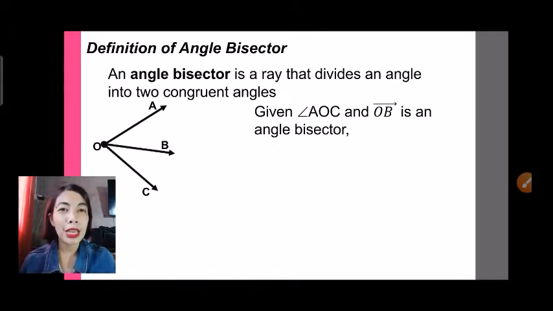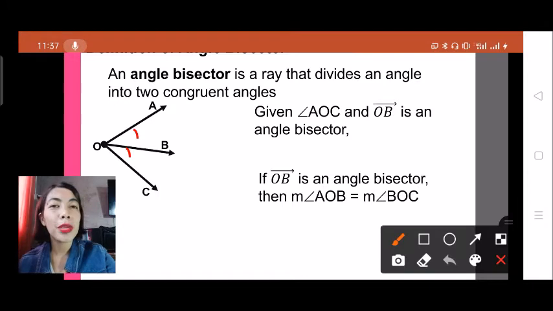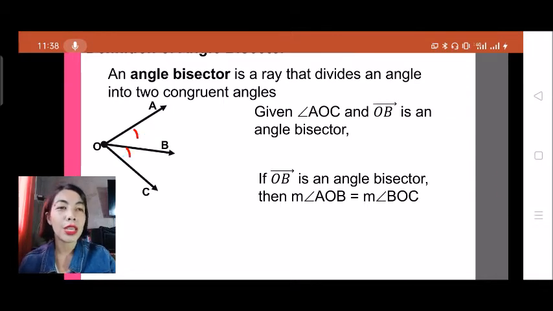So, pag sinabi natin angle bisector, it divides an angle into two congruent angles. If ray OB is an angle bisector, then the measure of angle AOB is equal to the measure of angle BOC. Equal daw yan. So, kung 30 degrees yung AOB, 30 degrees din si BOC.